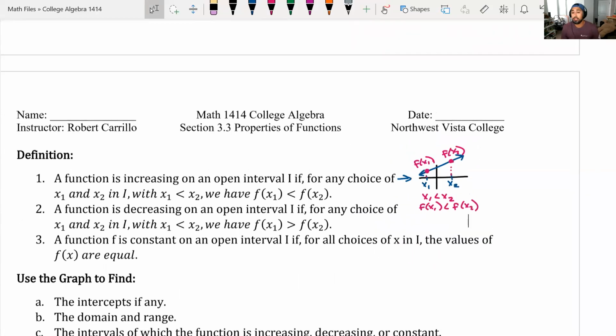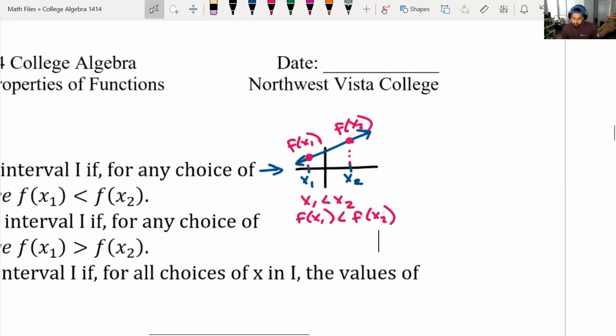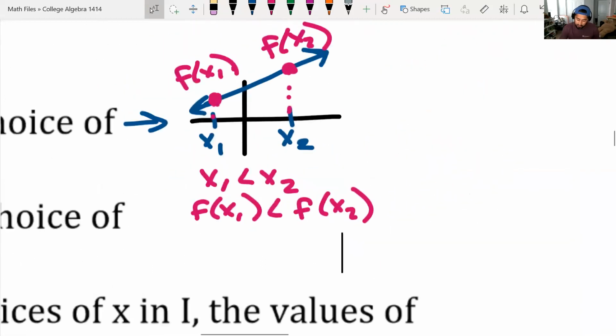Two, a function is decreasing on an open interval I if for any choice of x1 and x2 in this interval I, with x1 being less than x2, we have that the value of y at x1 is greater than the value of y at x2. So once again, what does that look like?